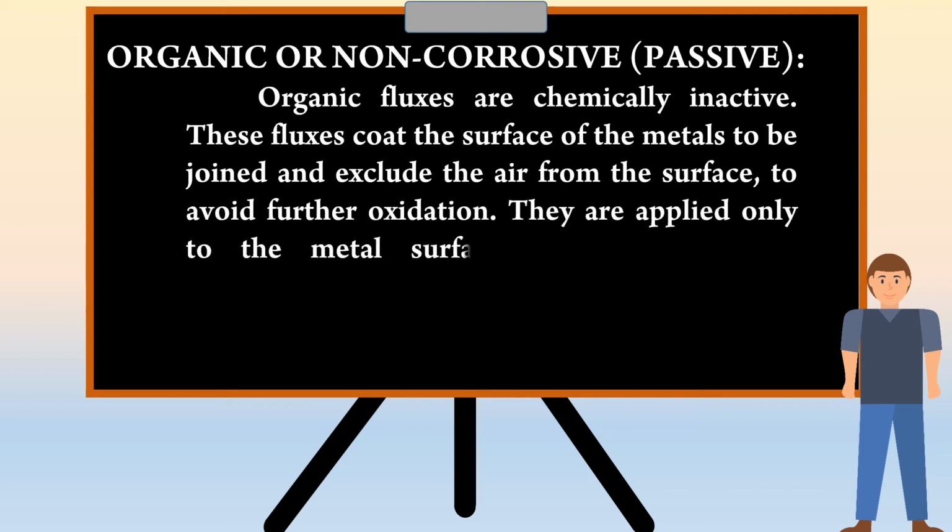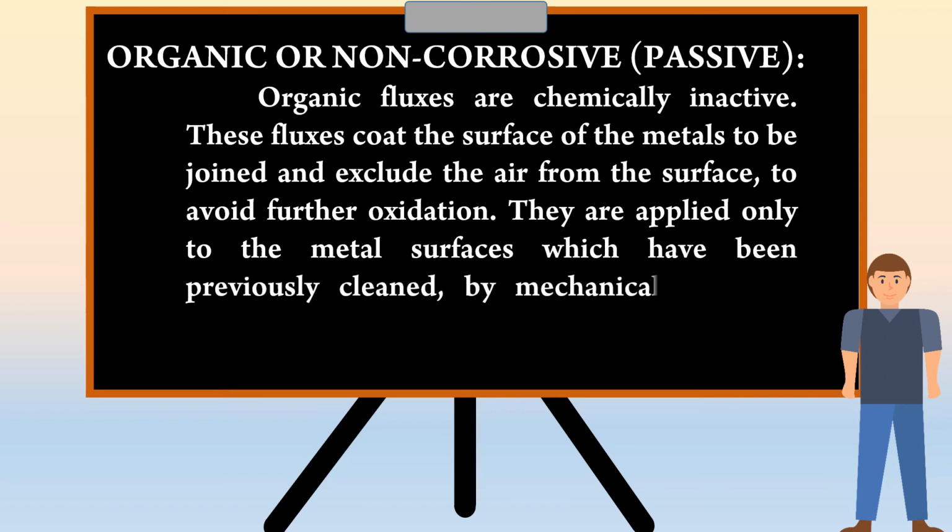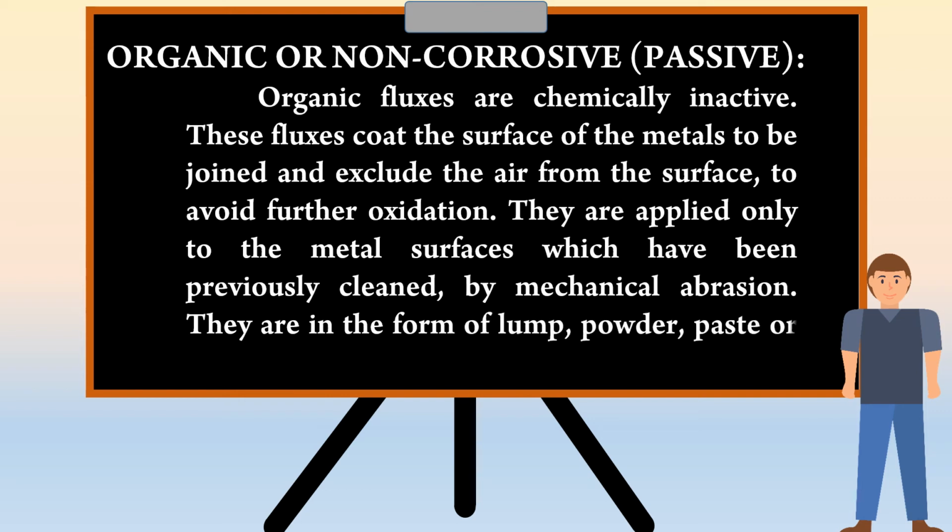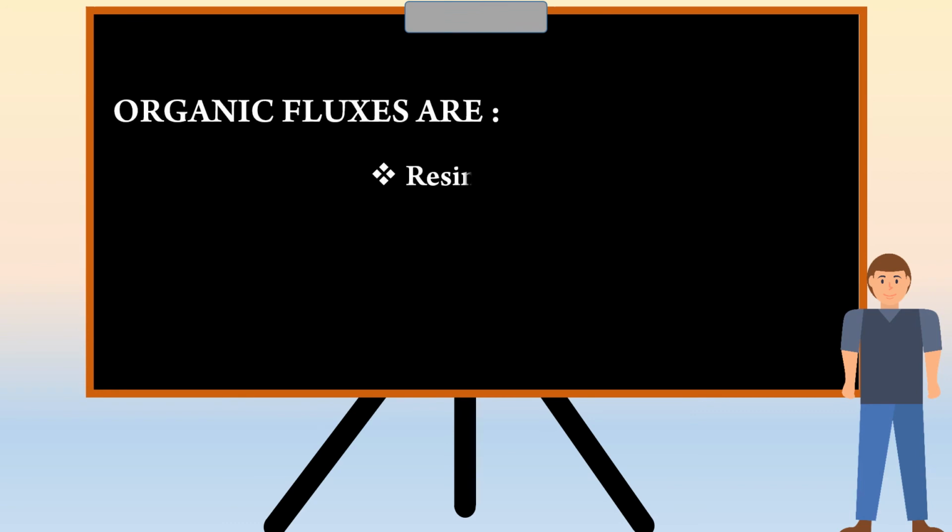They are applied only to the metal surfaces which have been previously cleaned by mechanical abrasion. They are in the form of lump, powder, paste, or liquid. And the organic fluxes are classified as: first one is resin, and the second one is tallow.